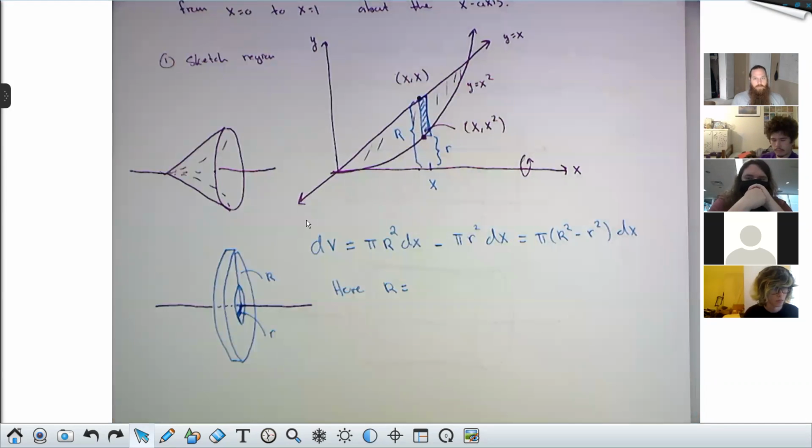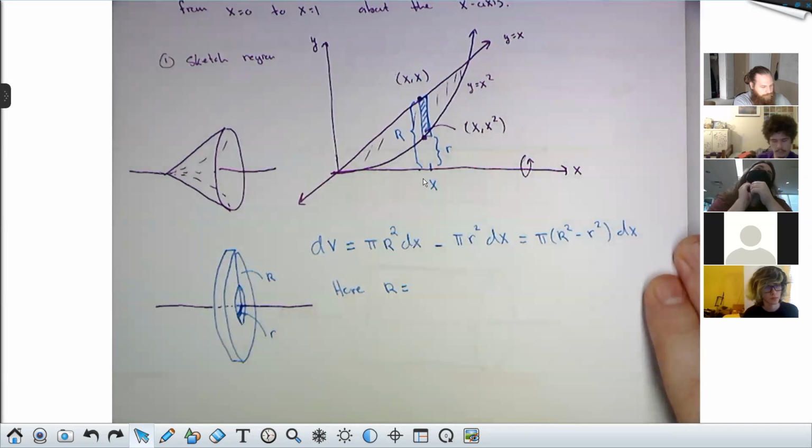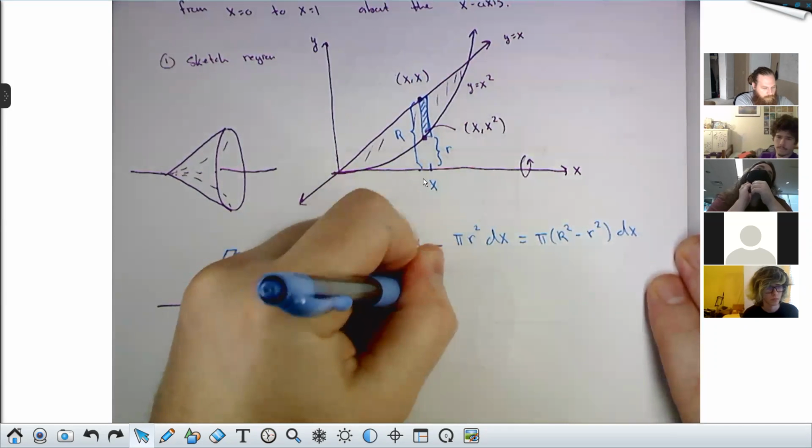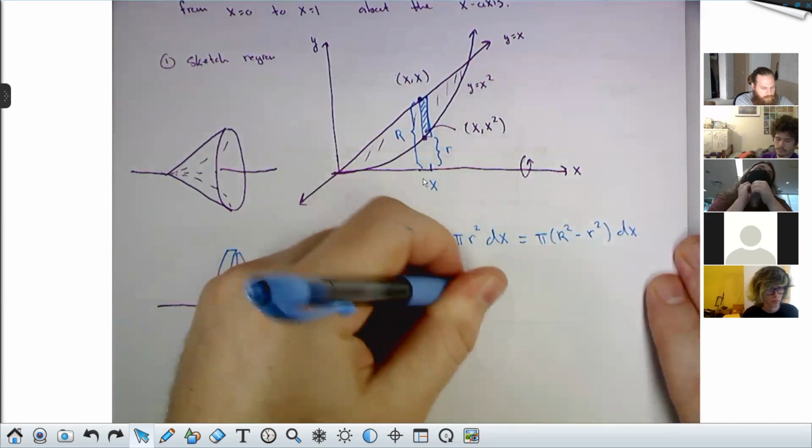So big R, the vertical distance from the x-axis all the way up to the top of this little strip, is just x. It's this y value minus the y value down here. This y value is x, and the y value down here along the x-axis is 0. So big R is x minus 0, or just x.